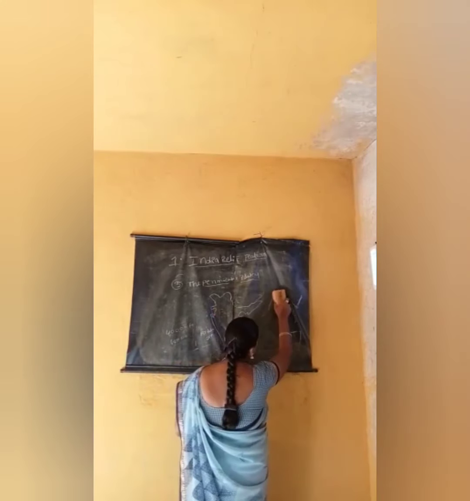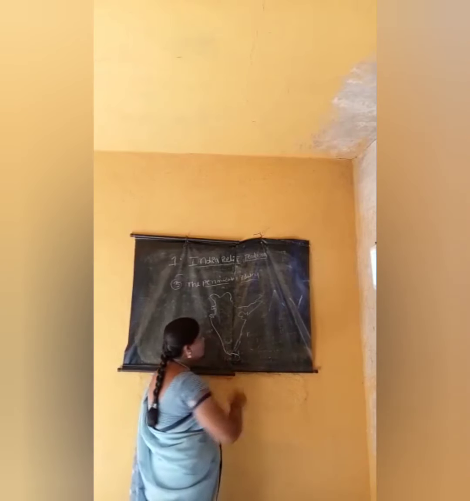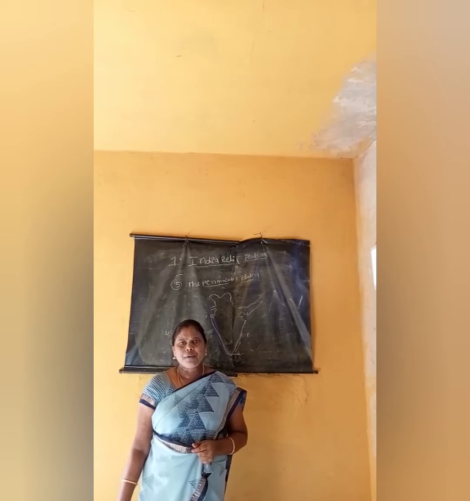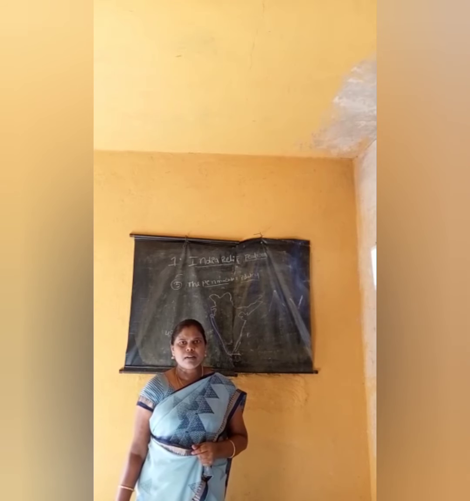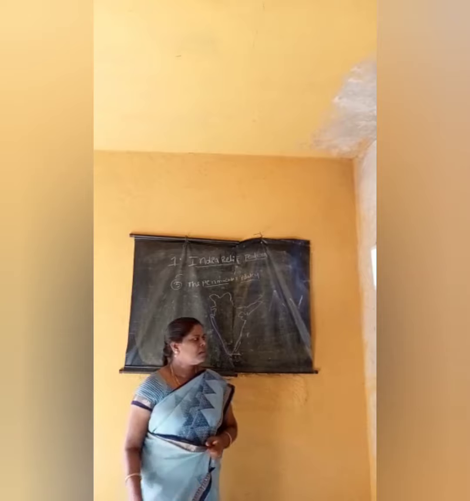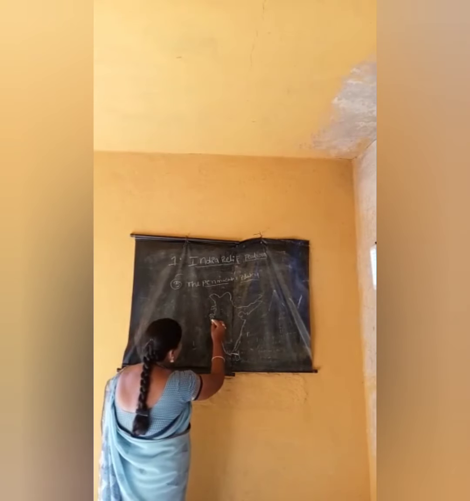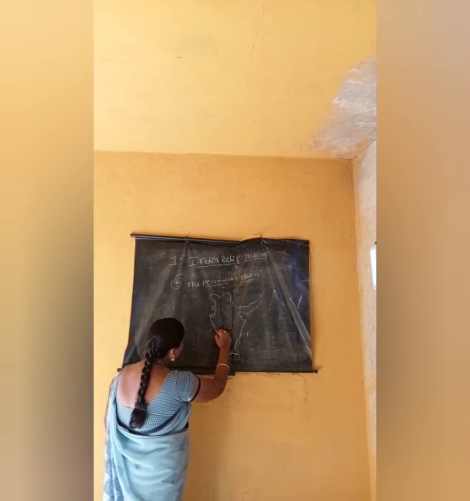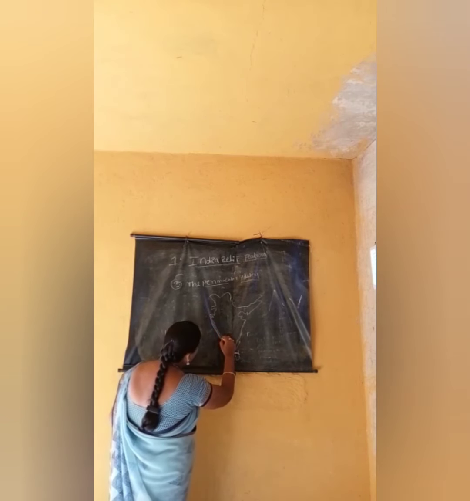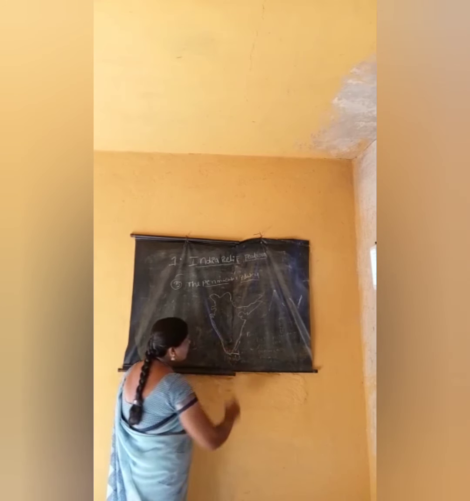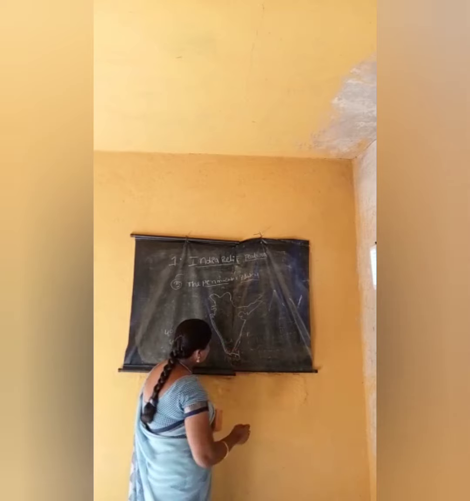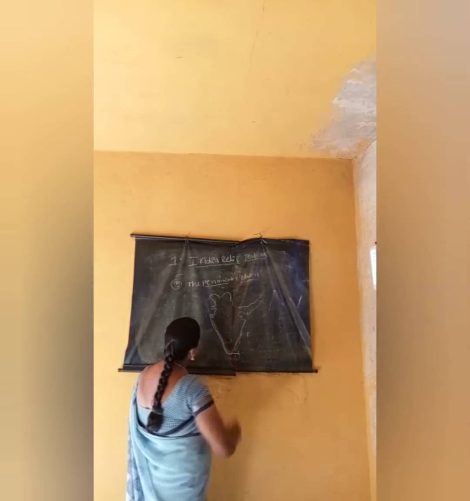Next, the topography of the plateau is tilted towards the east. The Western Ghats and Eastern Ghats form the western and eastern edges respectively.